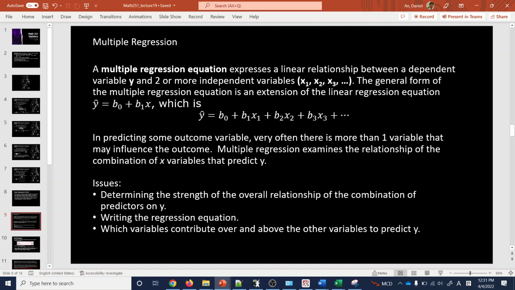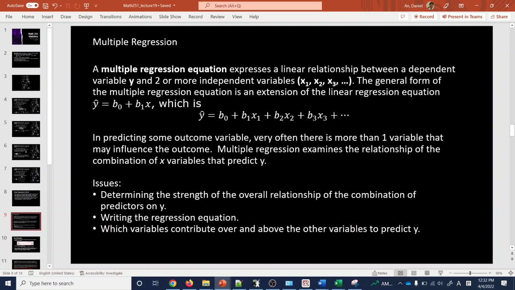So not only does multiple linear regression enable you to predict the value of y, it can also tell you which ones are the significant predictors. So you might say, oh, I thought the number of bedrooms was pretty important, but it looks like it's not that important, and so on.